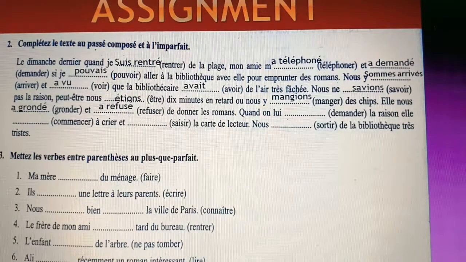Quand on lui a demandé la raison, so when we asked, so demander, why passé composé? To ask is just at that particular period of time, though it is a storyteller, but we have to see the verb, that is the terminated action verb.